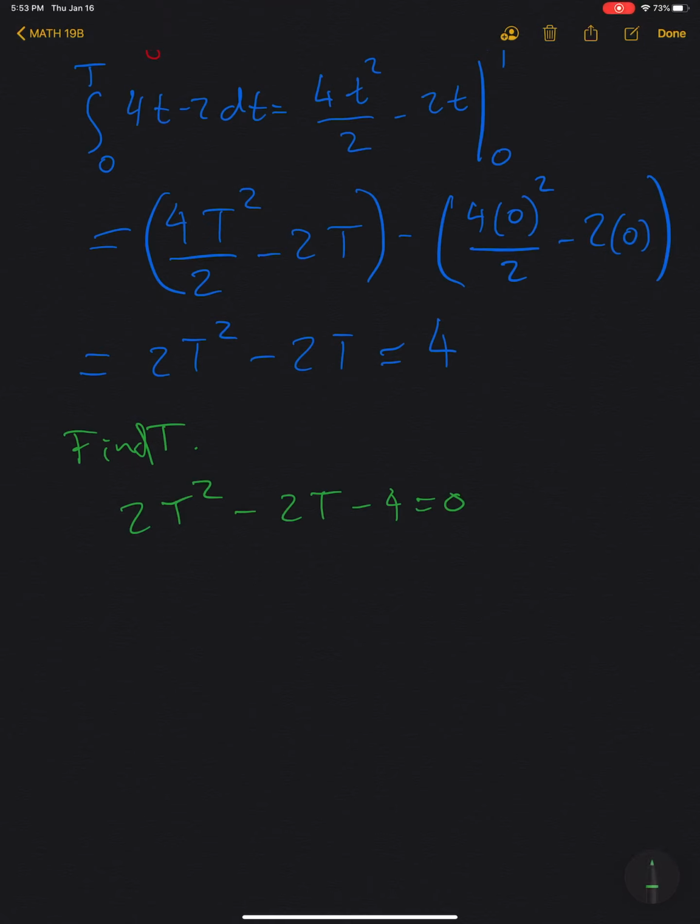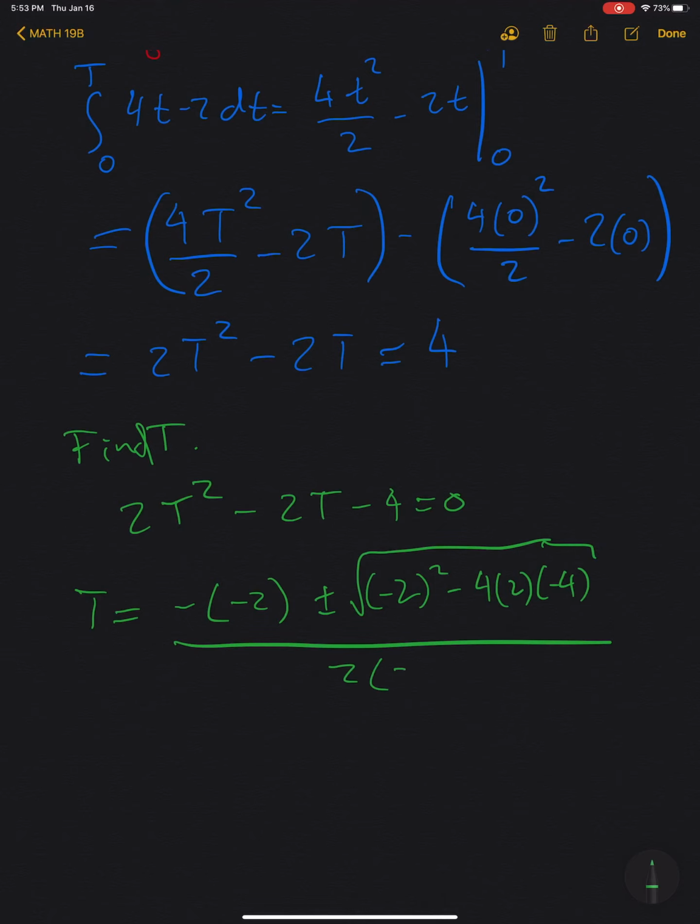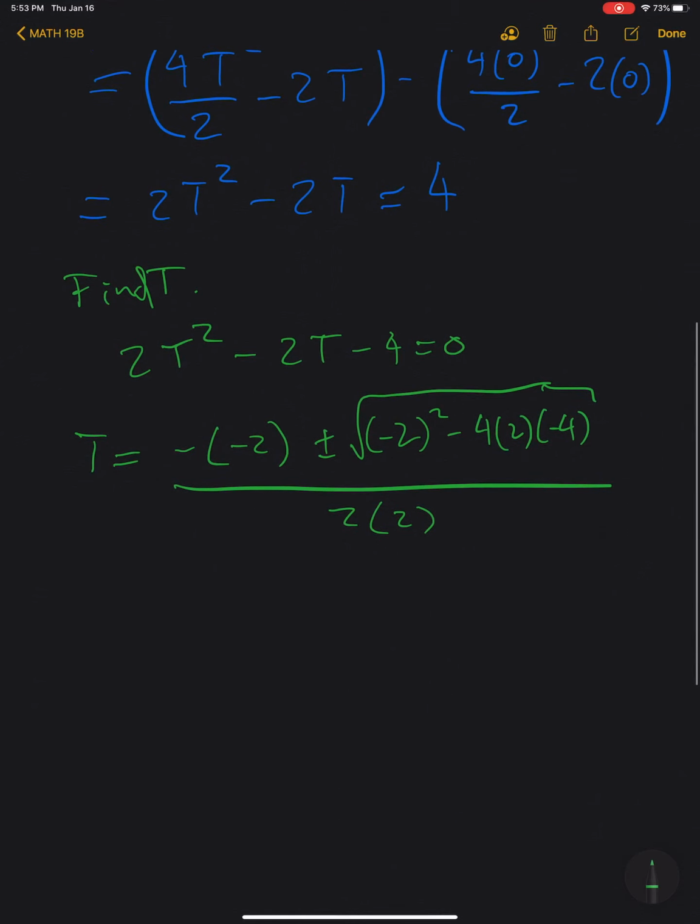So the values for t, we potentially have 2 values for t, are going to be given by, if you remember the quadratic formula, negative b, so in this case negative minus 2, plus or minus the square root of b squared minus 4ac, divided by 2a. That is me just reading off the quadratic formula. And now I can simplify this expression.